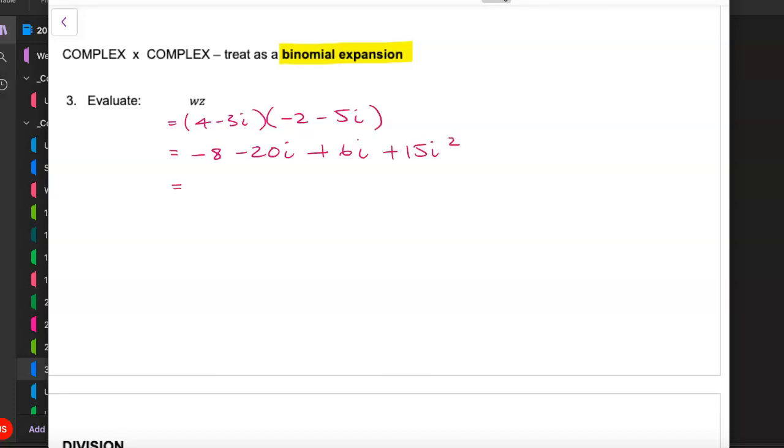Now in simplifying this, we've got -8 subtract 14i plus 15 lots of -1, because we know i squared is the same as -1. So we end up with -8 take 15, which is -23, subtract 14i.